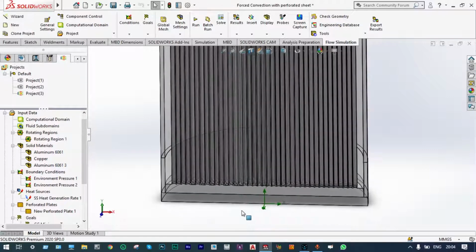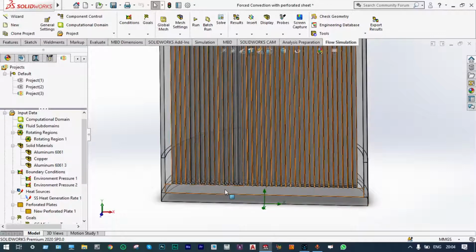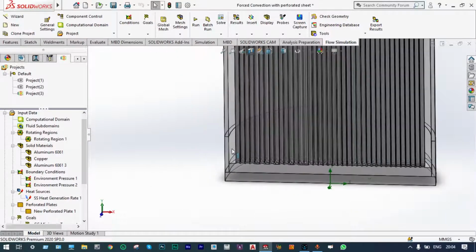So at the bottom part we have provided one heat surface which will be providing heat at a rate of 1000 joules per second, and next to that we are providing some fins. Fins are made up of aluminium. At the side walls we have provided perforated sheets.